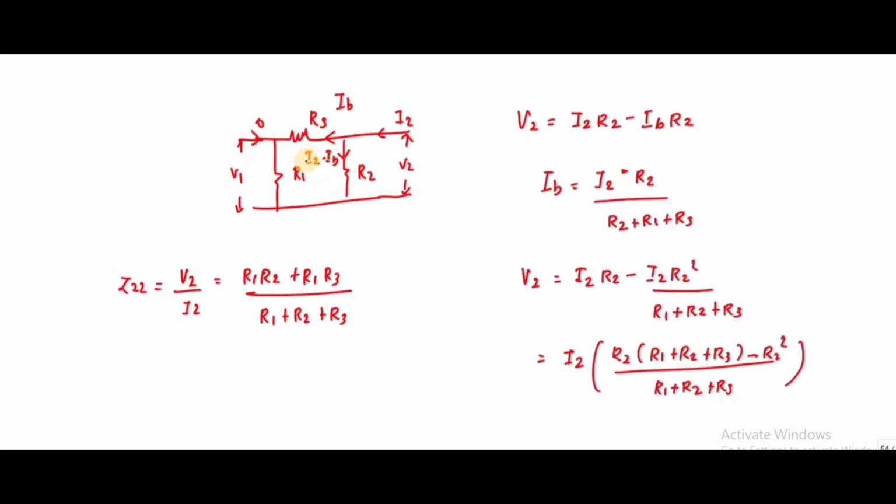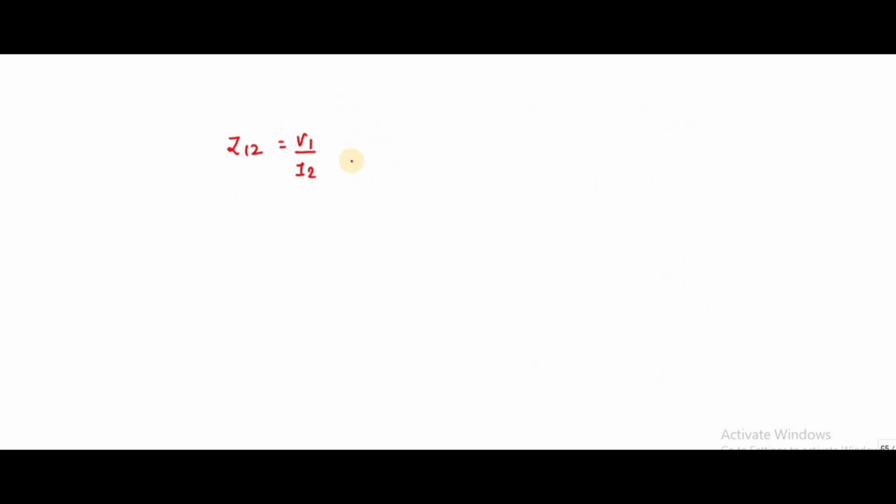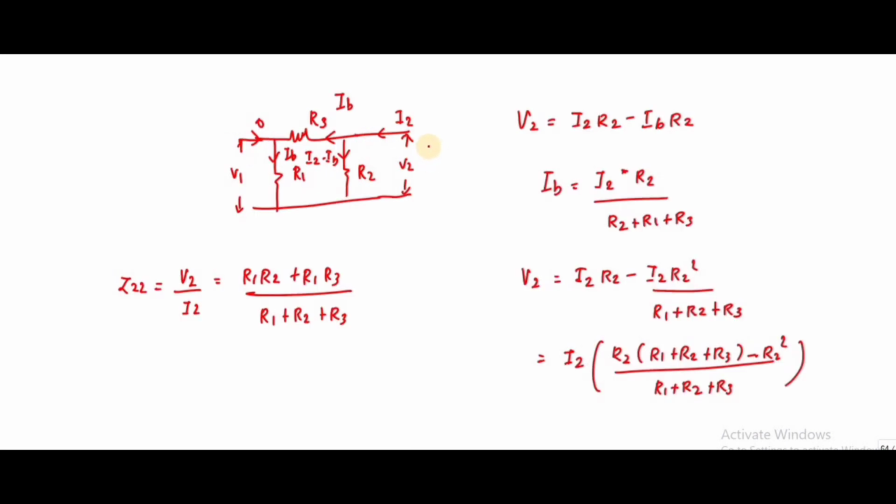So next, Z12 is equal to V1 by I2. So what is V1? V1 is IB into R1 divided by I2. So you substitute the value of IB.